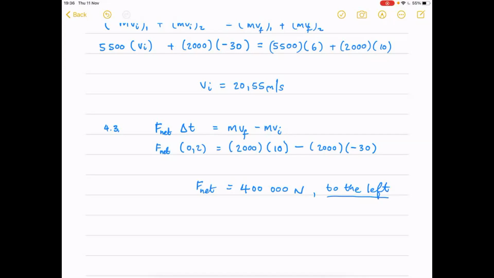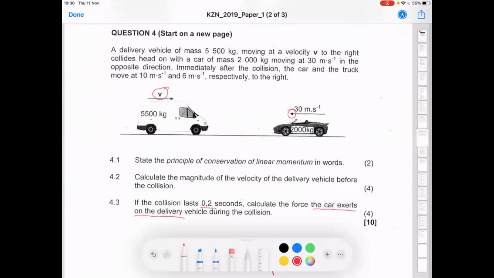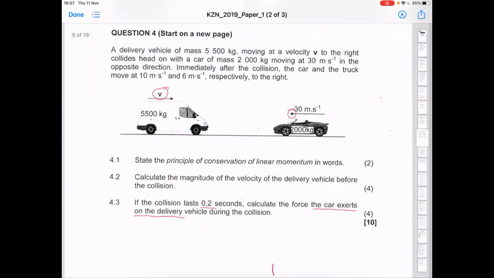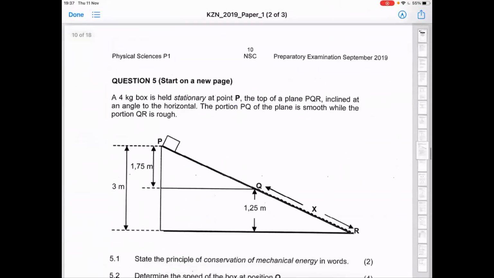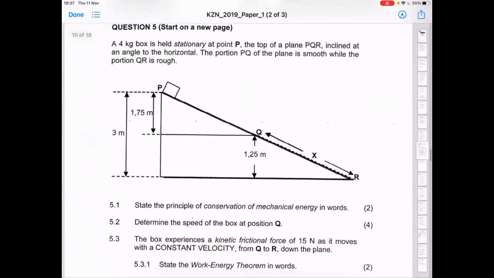Okay, let's try to answer one more at least. So, okay, let's look at this type of question. Question 5.